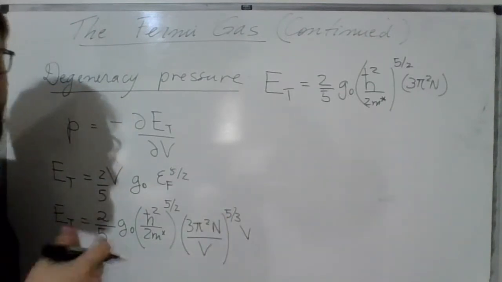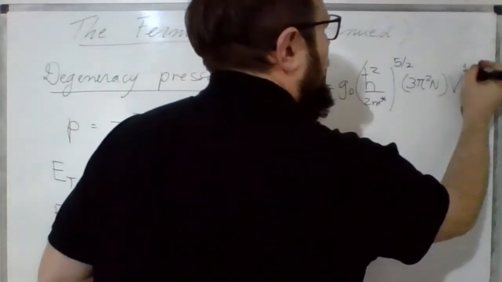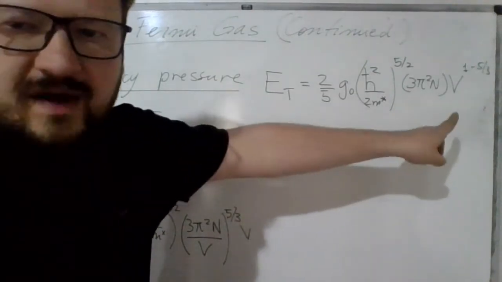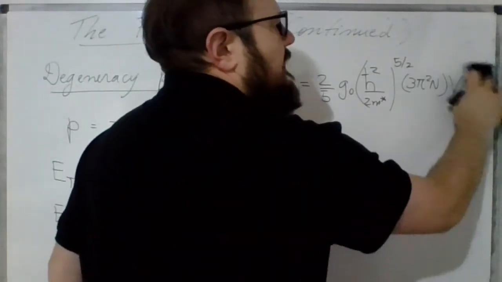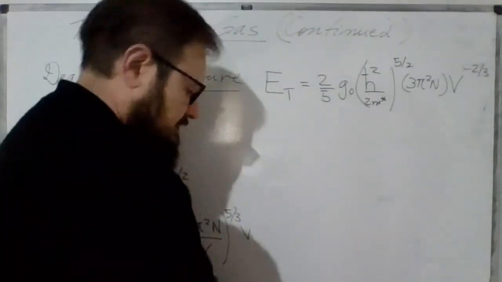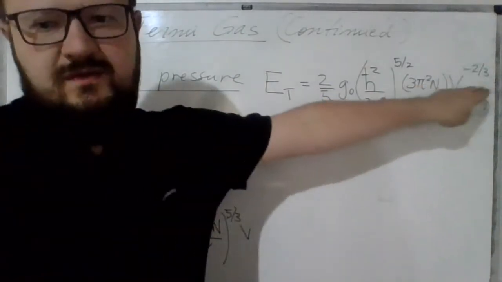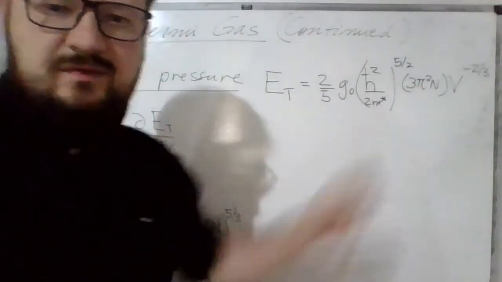Here you need to just write it as V to the 1 minus 5/3. So 1 minus 5/3. You see that the total energy goes like the volume to the minus 2/3. This is the dependence of the energy with respect to the volume.